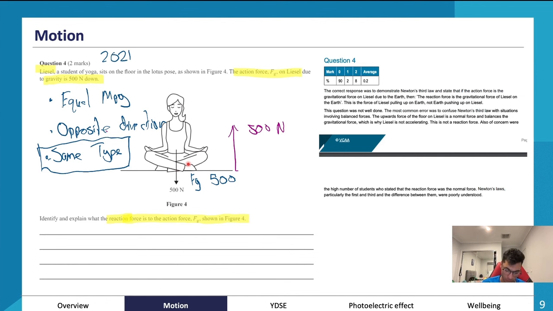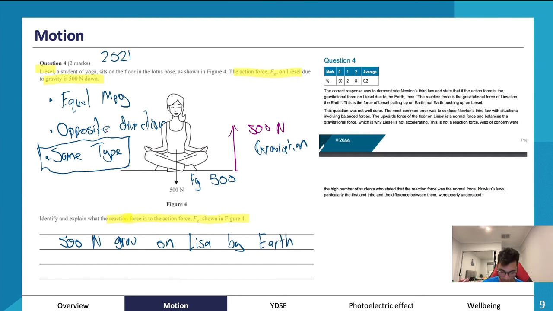So the reaction force is going to be 500 newtons in the opposite direction, but it's not going to be the normal force, it's going to be gravitational force. And so if it's the gravitational force, the reaction force is then 500 newtons of gravitational force on Lisa by the Earth.